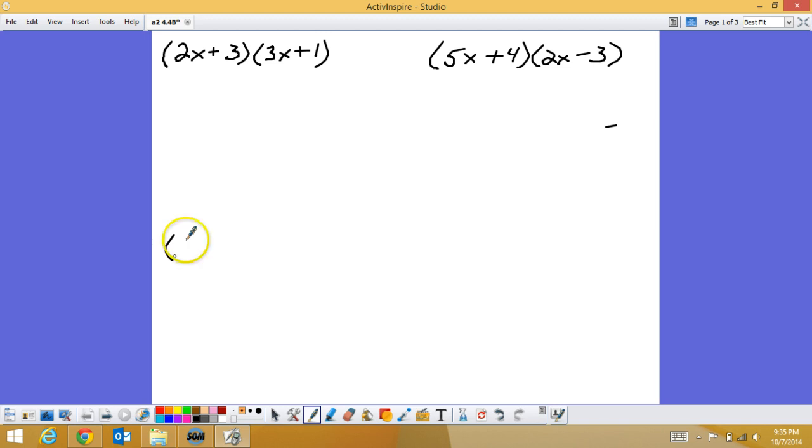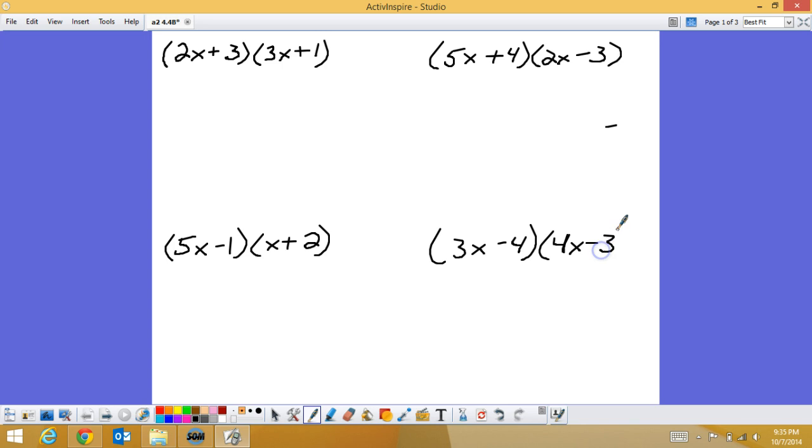Okay, trying to think here. Okay, and finally, let's do 3x minus 4 and 4x minus 3. There we go. Good. We got 4 of them there.